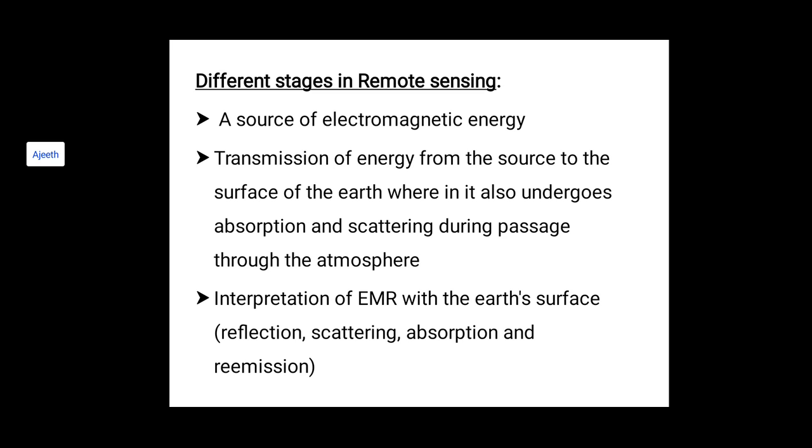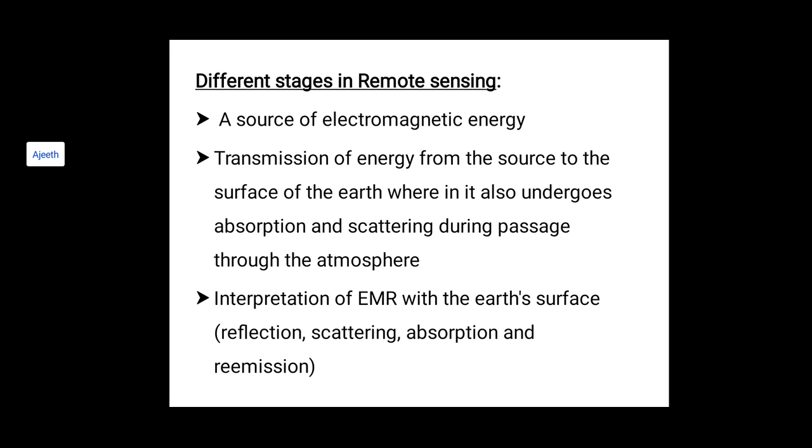And if we catch it again, that information we get back. But when you throw a ball into the water, it doesn't come back. So that information we don't get back. So we consider that as water, and according to the altitude we can classify the information. So RS means remote sensing, GIS means geographic information system.